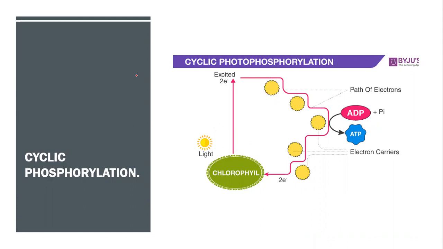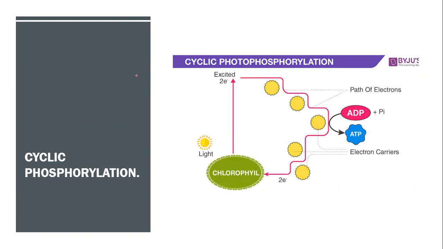We have electrons. The light energy will be transferred to the electrons, and the electrons will become excited. As the electrons become excited, they will jump from a lower energy level to a higher energy level. And as they go to a higher energy level, they will become delocalized.